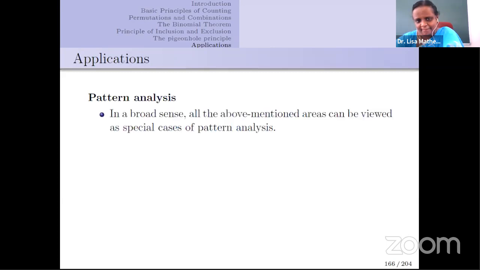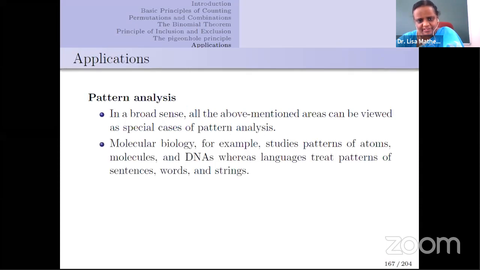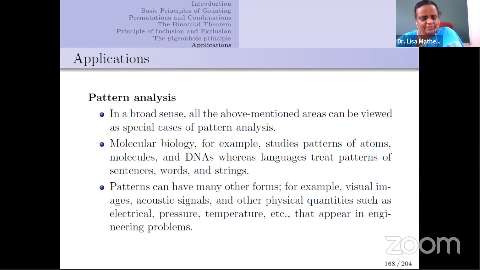Next, we come to what is called pattern analysis. In a broad sense, all the areas that we talked about earlier are special cases of pattern analysis. For instance, molecular biology studies patterns of atoms, molecules, and DNA, while languages treat patterns of sentences, words, and strings. Now, you can have many other forms of patterns, for instance, visual images, acoustic signals, and other physical quantities such as electrical, pressure, temperature, etc., which appear in engineering problems.